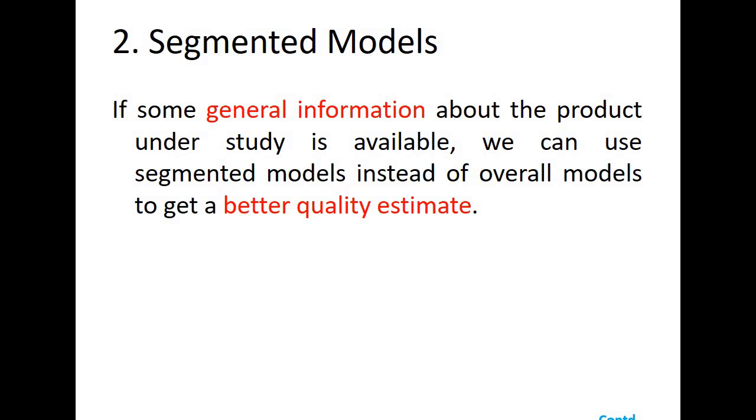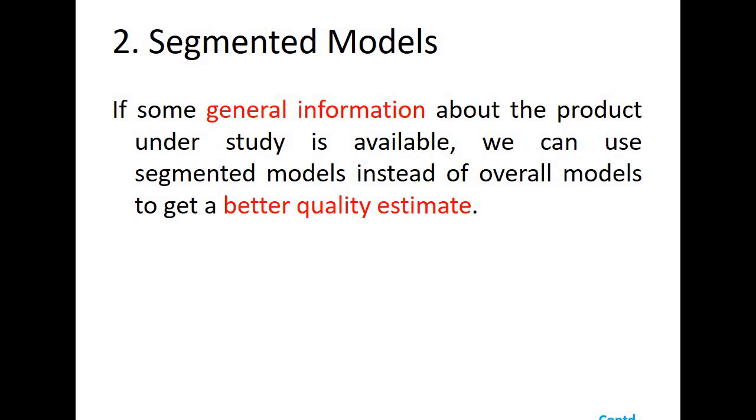Here I can take the defect density model, which can further be refined, right? Defect density we saw in the previous case, in the overall model. It can further be refined into a segmented model if we use market segmentation to group products and provide different defect density estimates accordingly.